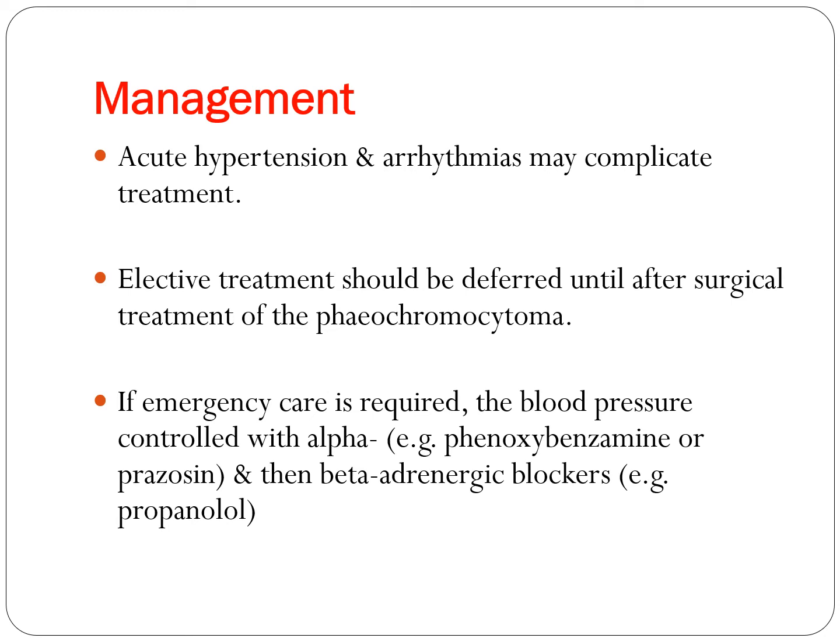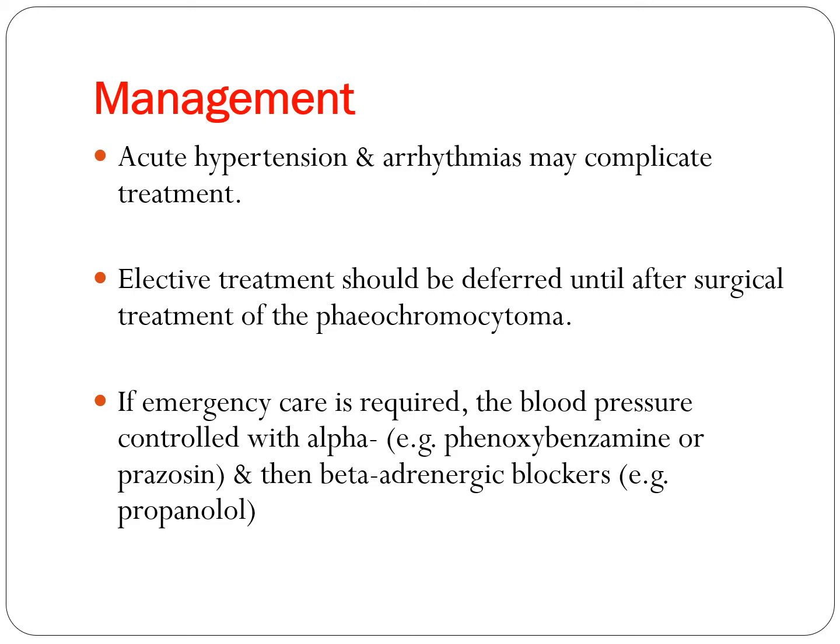Elective treatment should be deferred until after the surgical treatment of the pheochromocytoma. If an emergency procedure is required, the blood pressure is controlled by alpha and beta adrenal blockers. Mostly we give propranolol, so we can reduce the blood pressure. These are the mostly used medications for the hypertension.